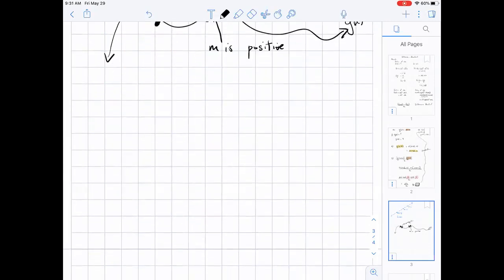So here is visually what I'm saying. Let's look at this example. Everyone should be able to tell me the equation of this function that I just drew here.